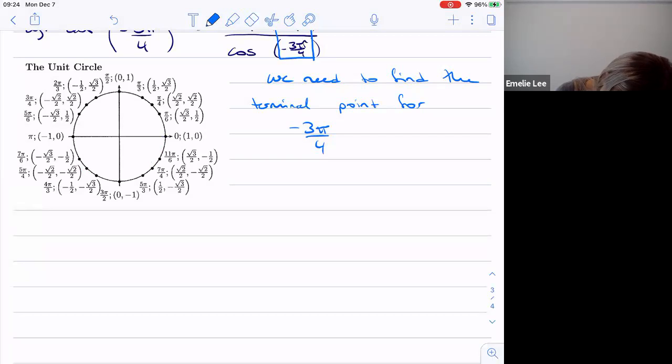Sometimes it tries to anticipate what I want my shape to be. Sometimes it's useful, sometimes it's not. Negative 3 pi over 4 is at this point here. So the terminal point for negative 3 pi over 4 is negative root 2 over 2 and negative root 2 over 2.